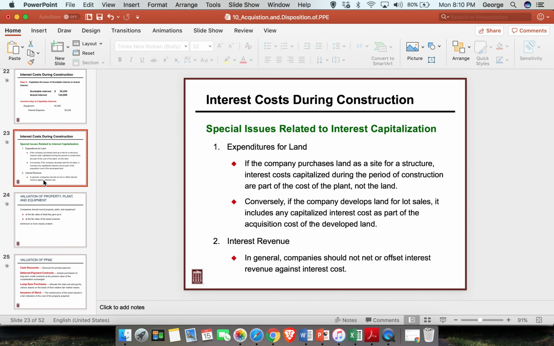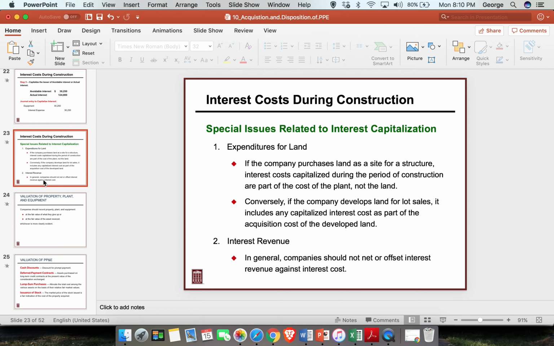Some special issues related to interest capitalization. If a company purchases land as a site for a structure, interest costs capitalized during the period are going to be charged to the plant. So sometimes people find that a little surprising. You're purchasing land, but actually you're going to capitalize the interest amount to the cost of the plant.